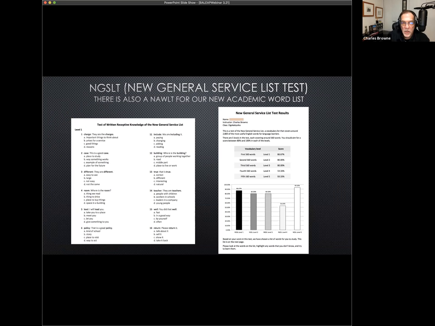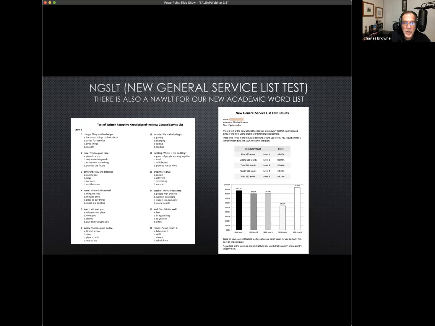These are tests that were created by two researchers based in Japan, Phil Bennett and Tim Stoeckel. They've written more than a dozen articles on these tests, so they have very high reliability and high validity. They measure knowledge of the Academic Word List and the General Service List very well.